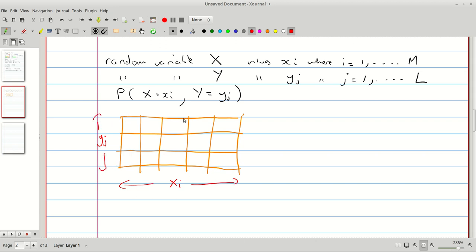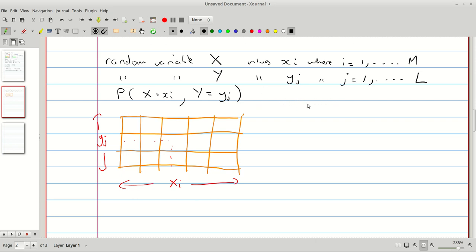So on this grid, you're going to sample all these events, and then at some point someone asks you, what's the probability of choosing this particular value of j and this particular value of i? Let's say this experiment is repeated n times.